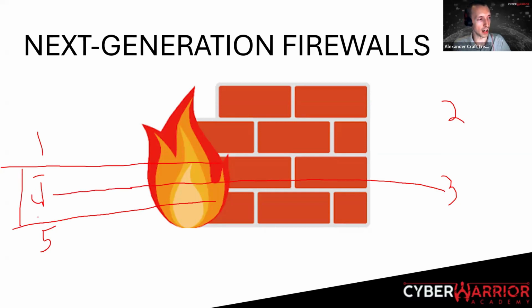Even if it did somehow infect this device 4 that we have here, sorry for my drawing, it is not able to connect to device 1 or device 2. It has not been allowed those connections. So we have this network segmentation that allows it to pass traffic through. If you want to think of it as lanes, you can think of it that way. This kind of network segmentation, although it does not necessarily stop an attack, can definitely minimize the impact of something that is able to get through.